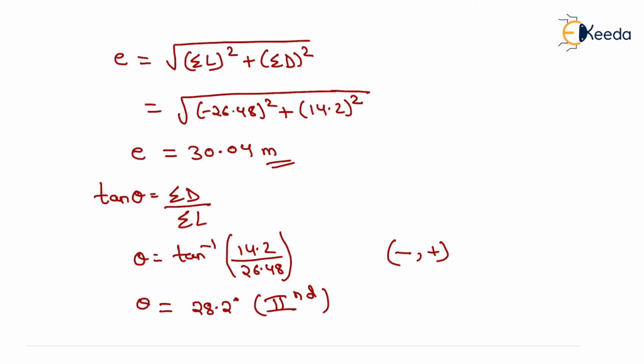Now if we want to plot the diagram of this traverse, we will mark station A like this. The angle is 110 degrees, so we will plot the angle as 110 degree for line AB.